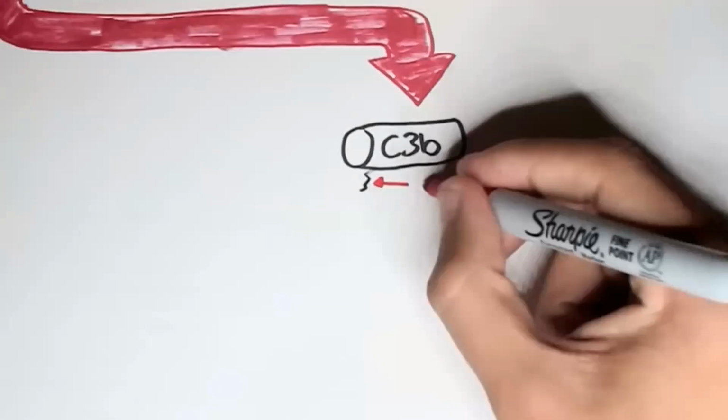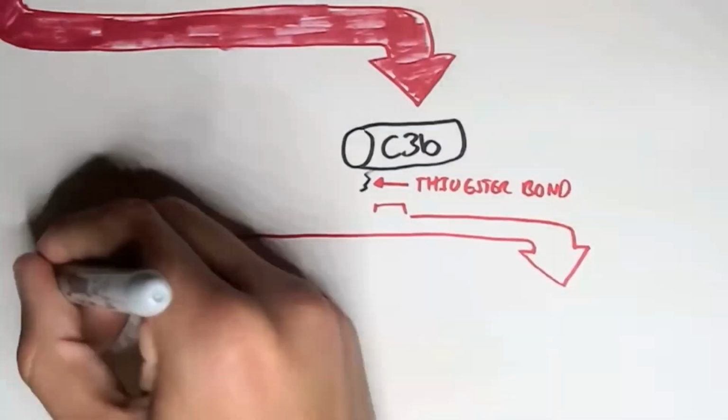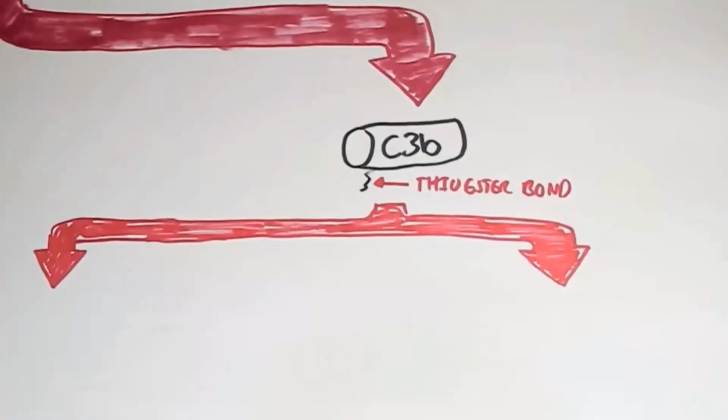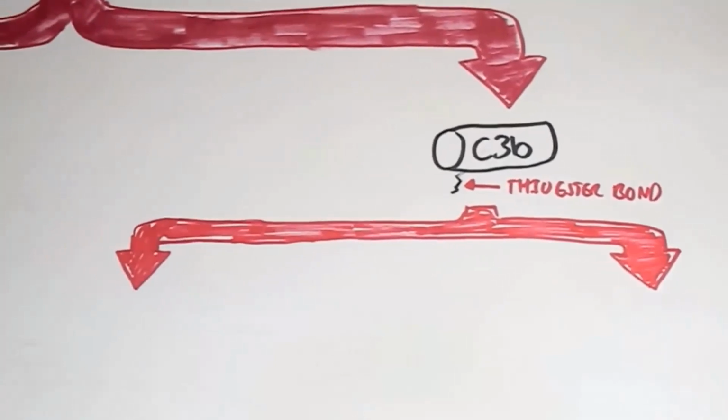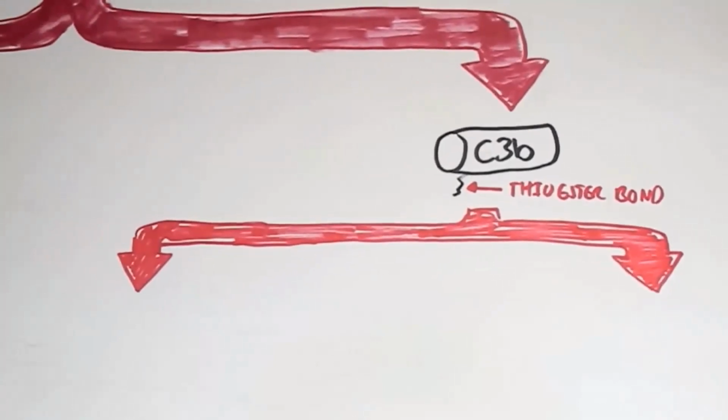Now, what does C3b do? The important thing to know is that C3b can form thioester bonds. C3b, if you remember at the beginning of the video, actually initiates opsonization and initiates the formation of the membrane attack complex.